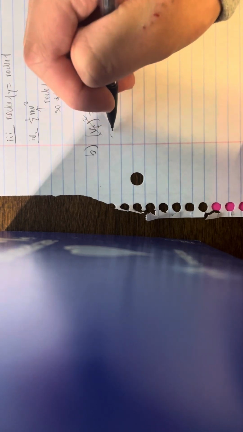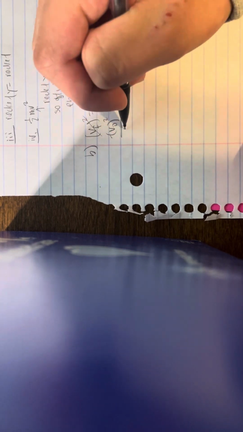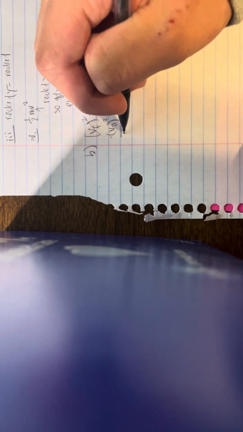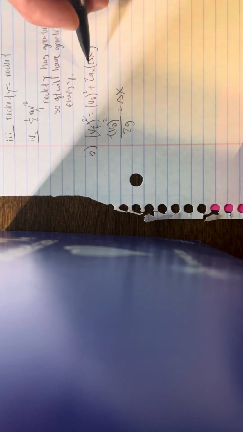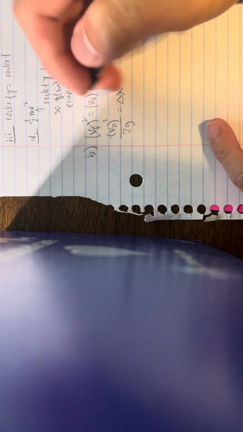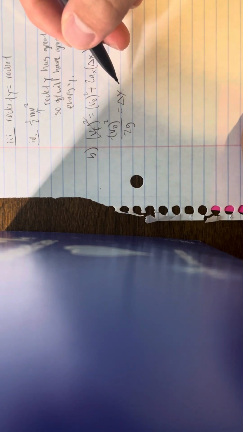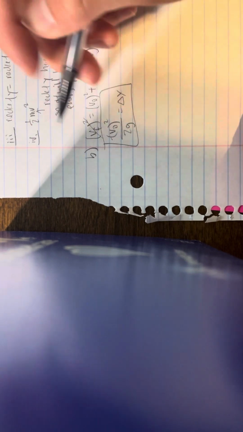So you get negative initial velocity squared divided by 2a, which will be gravity in this situation, equal to delta y, since you're going up. And that'll be your equation.